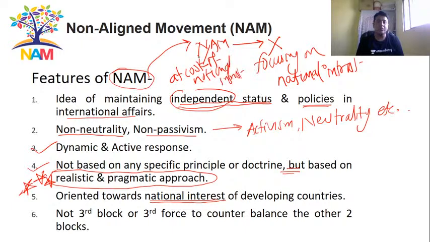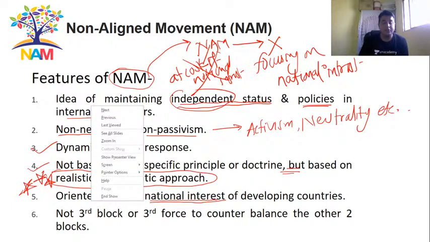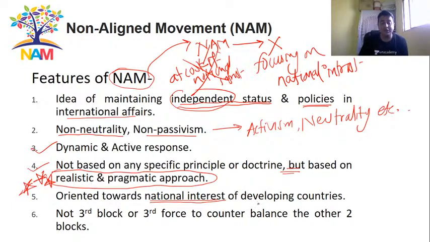National interest is important. It should not be compromised while following any policy. So what exactly is their orientation? It is the national interest of developing countries.